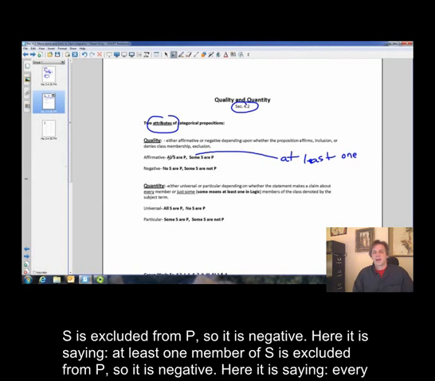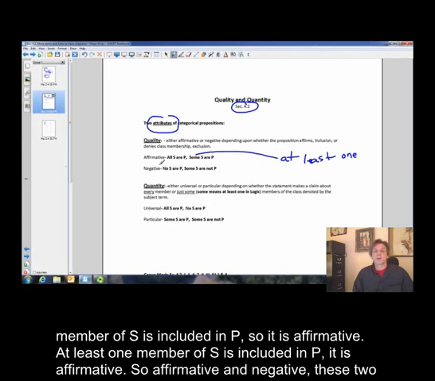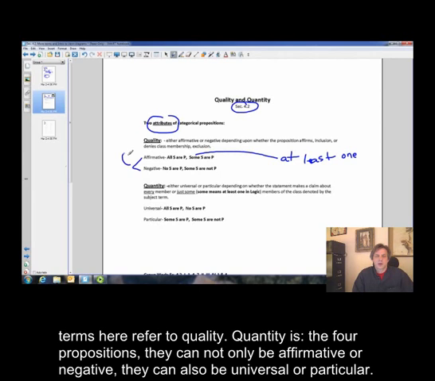Here it's saying every member of S is included in P, so it's affirmative. At least one member of S is included in P, it's affirmative. So affirmative and negative, these 2 terms here refer to quality. Okay?